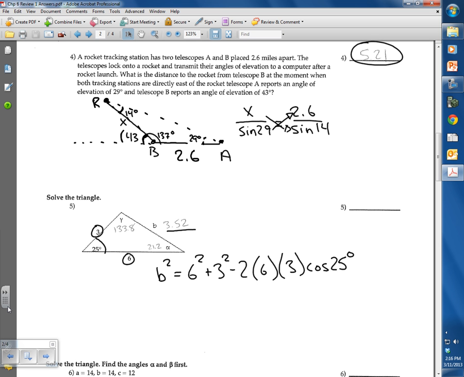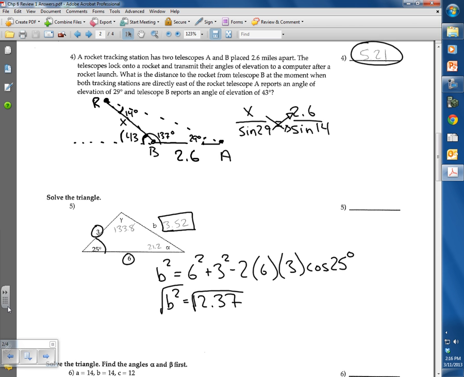And if we plug that in, 6 squared plus 3 squared, which is 9, minus 2 times 6 times 3 times the cosine of 25, I get 12.37. Be careful you don't leave that as your answer. You need to square root it. Common mistake. Square root it properly, you get 3.52.